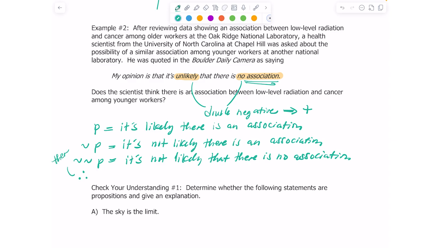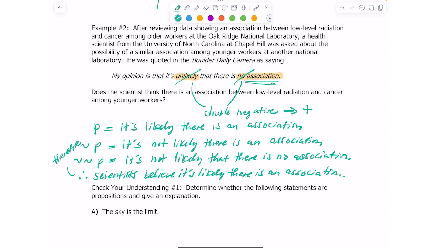Therefore, scientists believe it's likely there is an association. Anytime you have two negatives, they cancel each other out. So really, you don't need the unlikely and the no. You could just say, my opinion is that it's likely there is an association. The unlikely and the no part cancel each other and just make it positive.